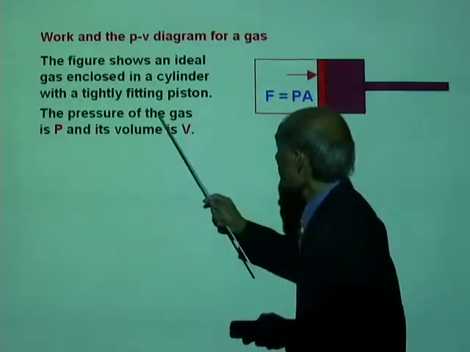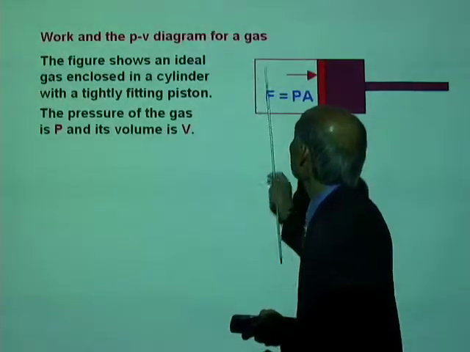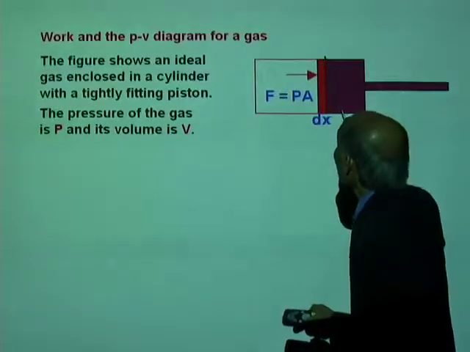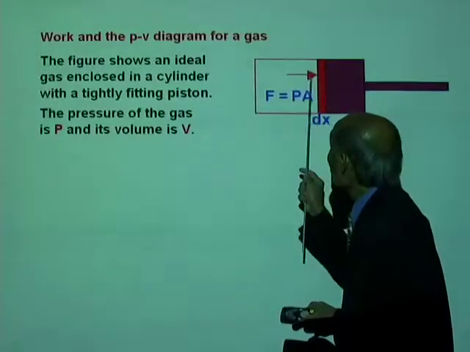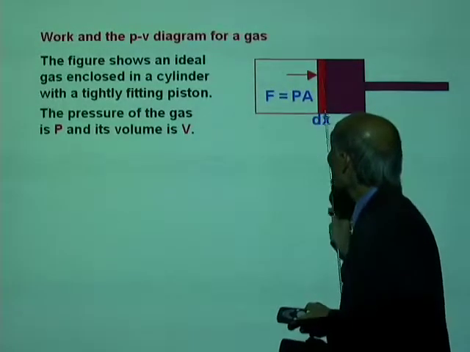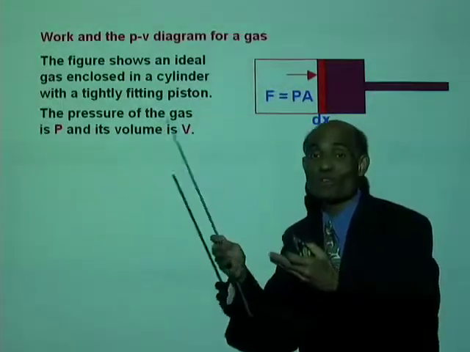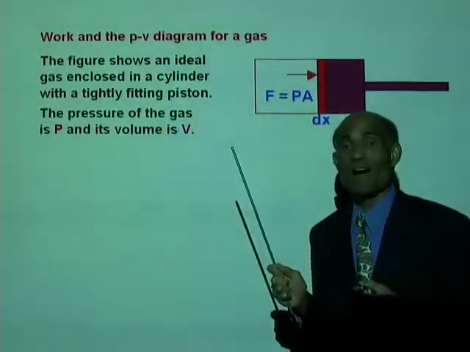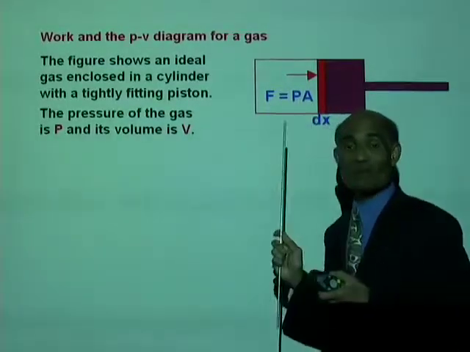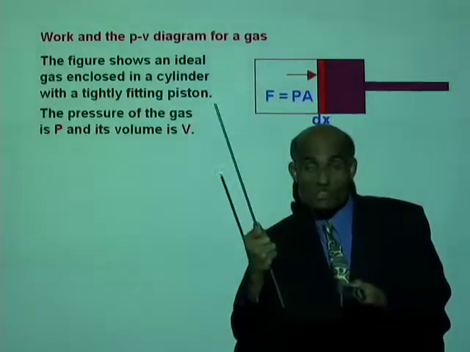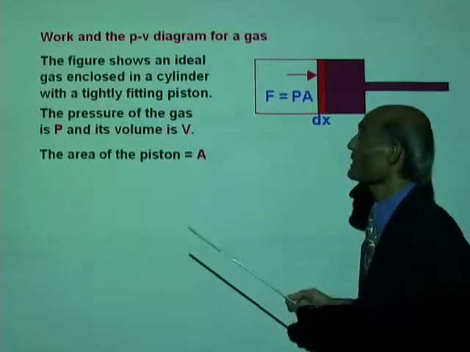The pressure of the gas is P, the volume is V, and the area of the piston is A. What is the total force pushing the piston outward? F is equal to pressure multiplied by area.